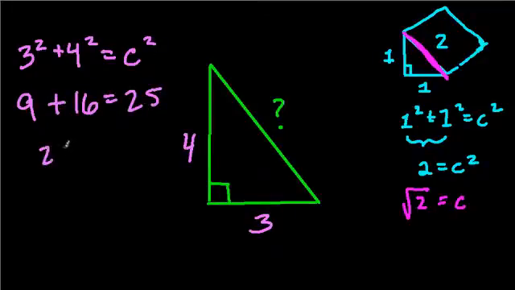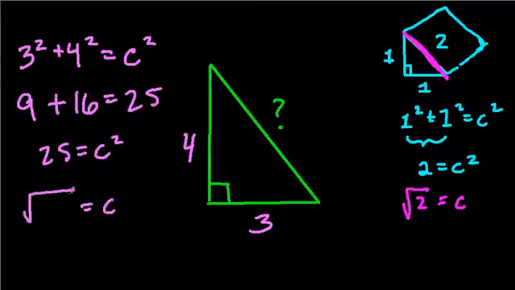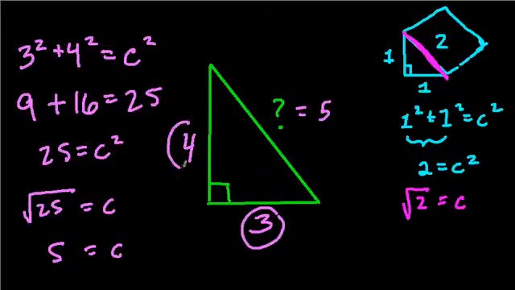Now 25 equals c squared, and c equals the square root of 25. So c is 5, and this is a basic Pythagorean theorem approach. So here it's 5. This is called, and this is one of our most famous triplets, the 3, 4, 5 triangle. It's so nice because all the sides are whole numbers, and also because all the sides are simple numbers, 3, 4, and 5.